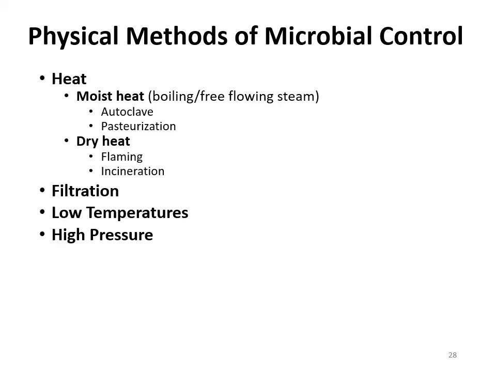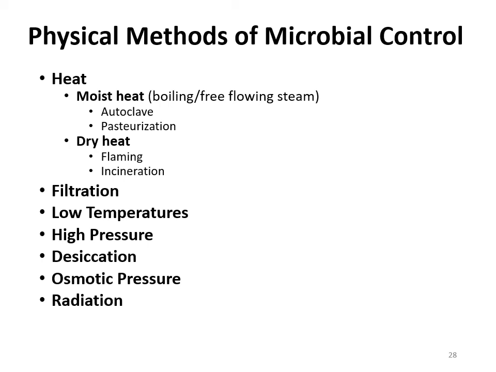The last thing that I want to mention is some physical methods to control microbial growth. Okay, physical methods include heat, filtration, temperature, high pressure, desiccation, osmotic pressure, and radiation. Okay, so when we talk about heat, you notice there are two forms. There's moisture heat and there's dry heat. So in the lab, we use a lot of times the incinerators on your desks.